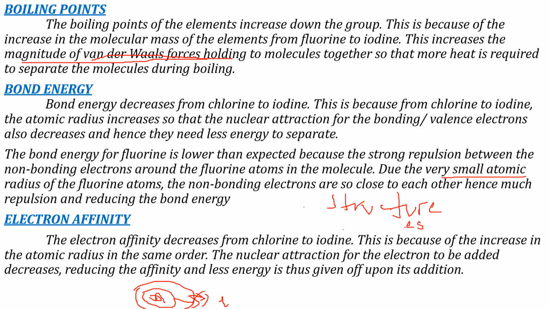So as atomic radius increases, the incoming electron is going to be less attracted by the nucleus. And once it's less attracted, that means that we are going to release a smaller amount of energy. Subsequently, the value of electron affinity is going to be low.